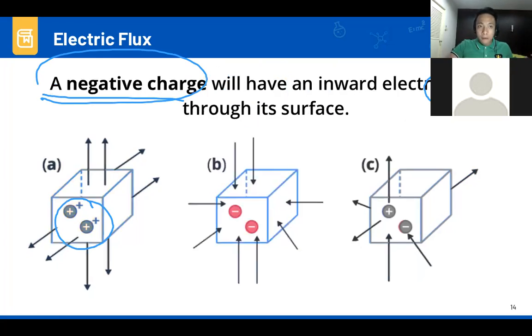If we have an inward electric flux, okay, ibig sabihin, merong negative charges sa loob niyan. Okay? Just like what we said kanina, ang sabi ko is yung positive is always outward and negative is always inward. Okay?